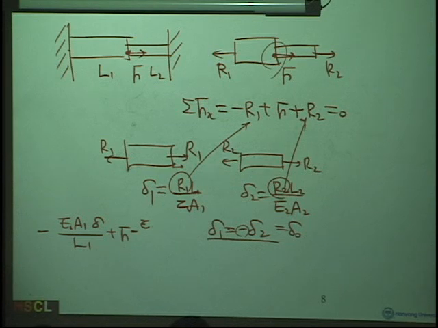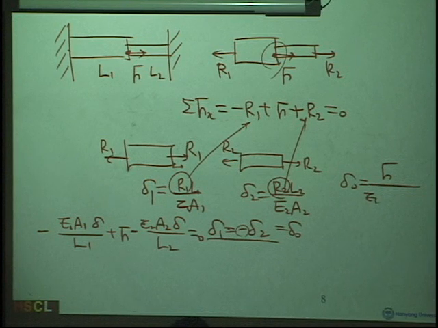So minus E2 A2 delta and L2 equals 0. So delta will be simply F divided by E1 A1 L1 plus E2 A2 L2. Am I right?